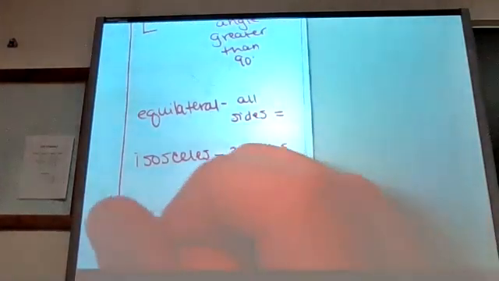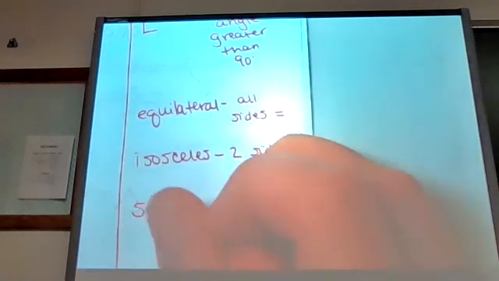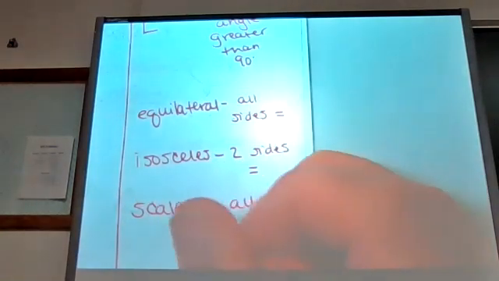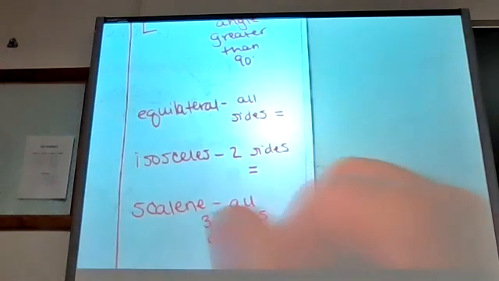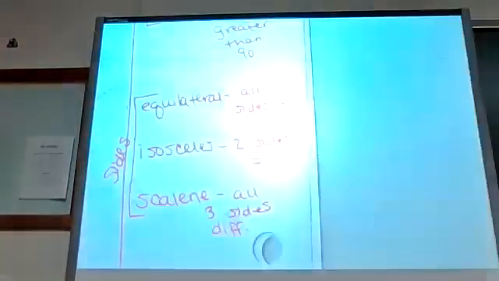And we have scalene triangles, which means all three sides are different. And this is classifying by sides.